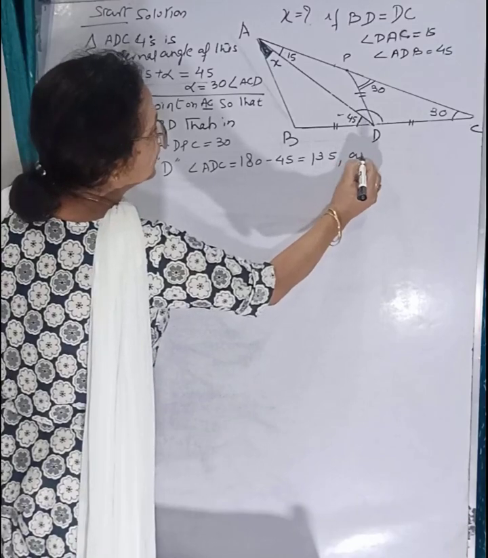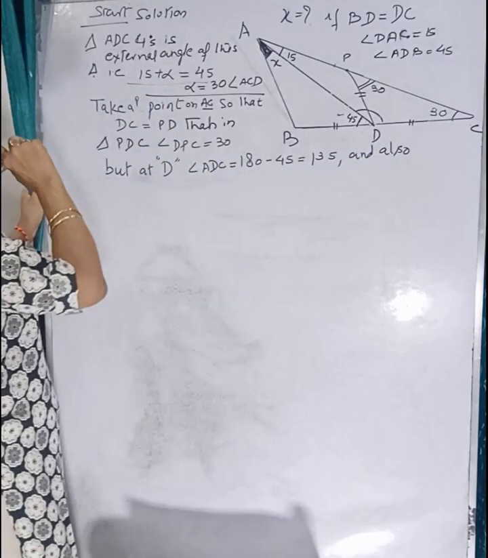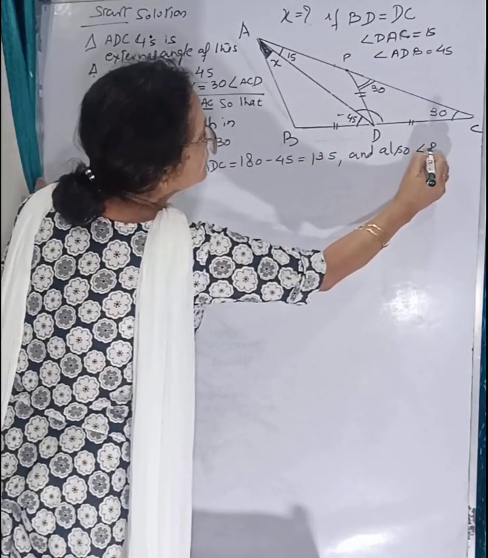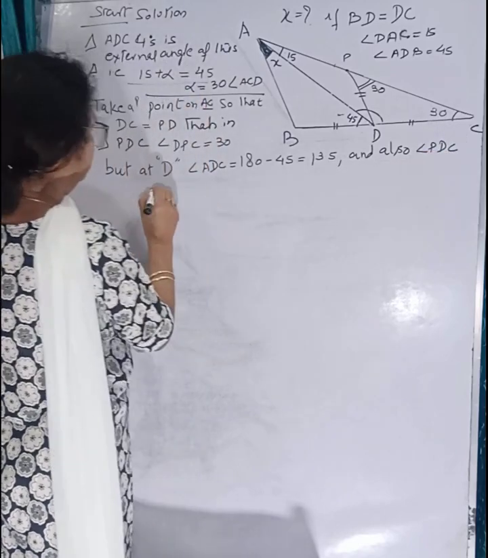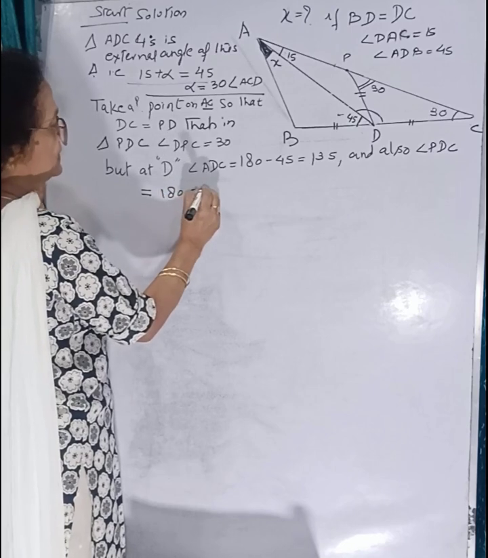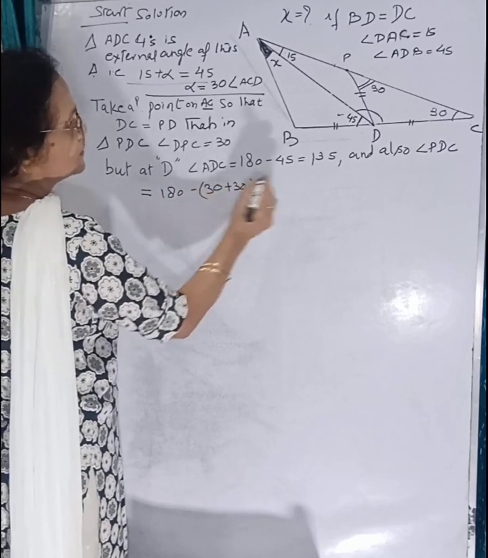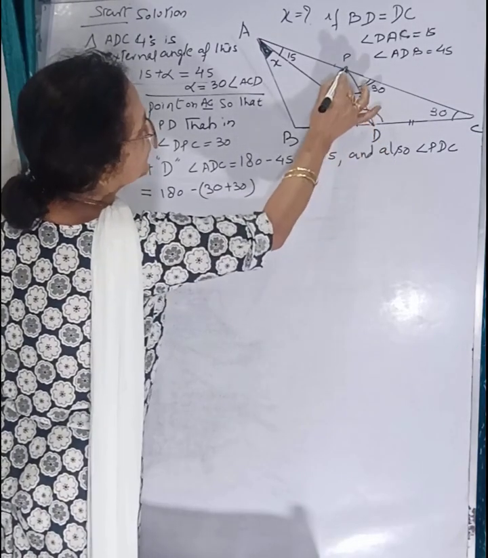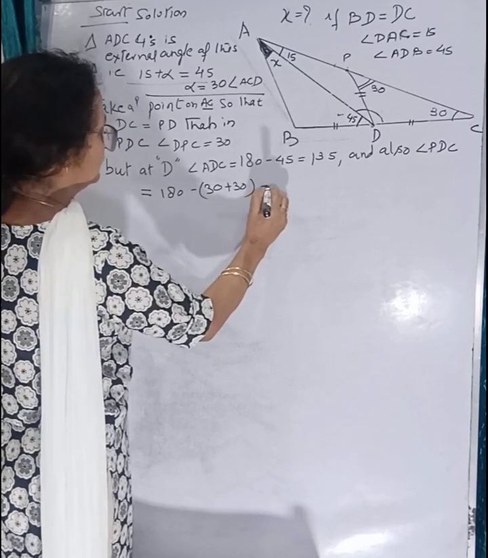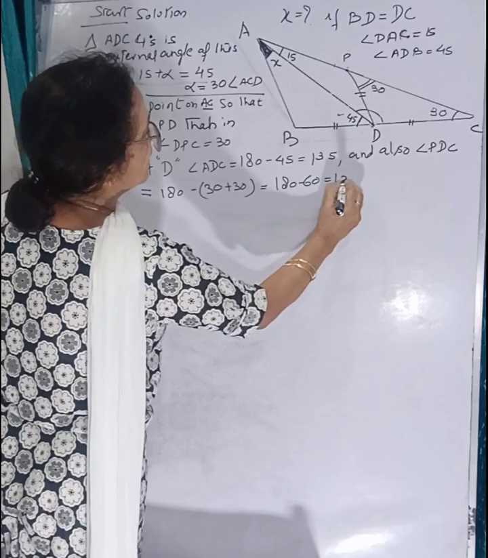And also angle PDC, this will be equal to what? 180 minus 30 plus 30. This one is a triangle. It means it is equal to 180 minus 60, that is 120.